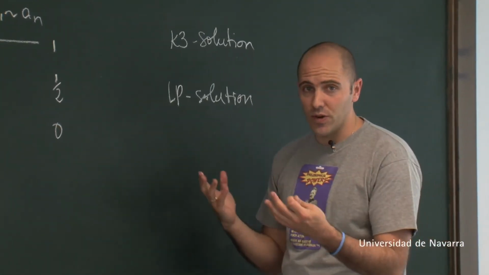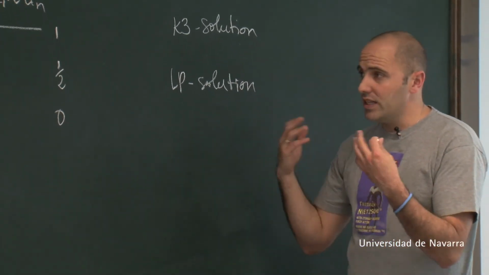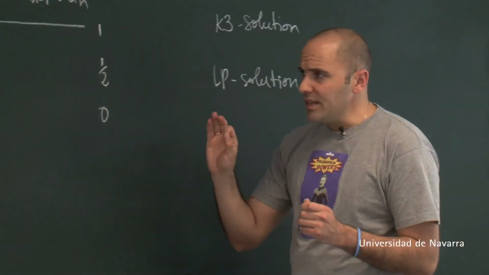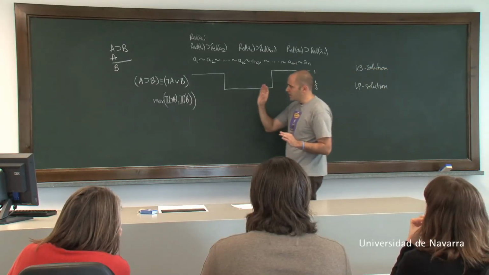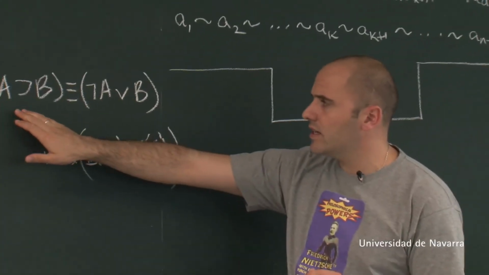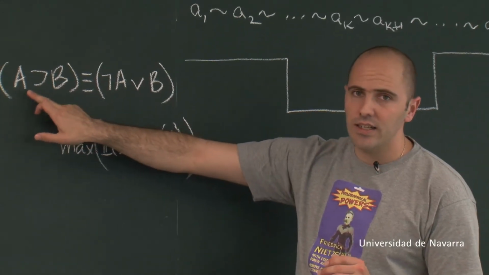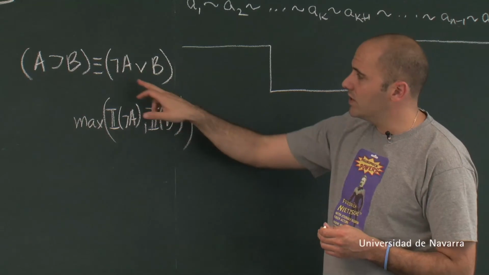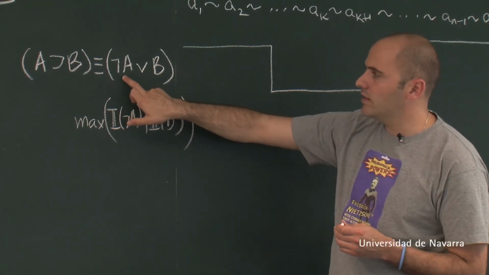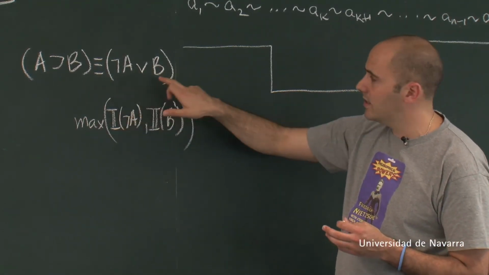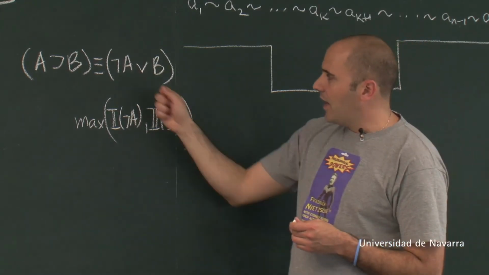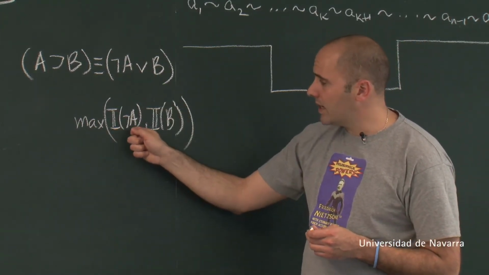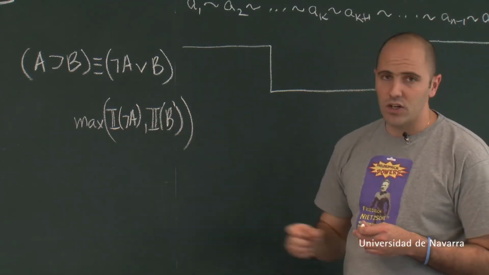Okay, so when we go back to K3 and LP, these logics are going to help us to explain what's going on in the sorites series, but they will give us very different results. In the first place, let's concentrate on the semantics. A conditional B, the material conditional, is equivalent to the disjunction of the negation of the antecedent and the consequent, and this is going to have the value of the maximum between the negation of the antecedent and the consequent.